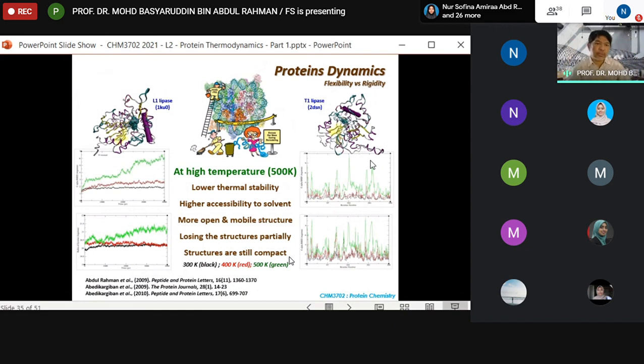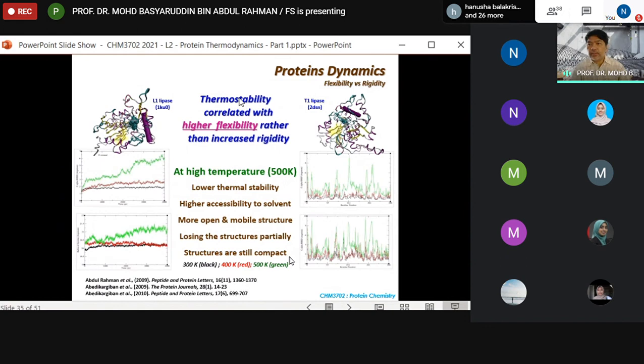This is how we make it fast at high temperature so that we can see the movement of the loop. Why? Because there we can understand which part we should mutate in order to increase the stability of the protein, by looking at which amino acids are involved.